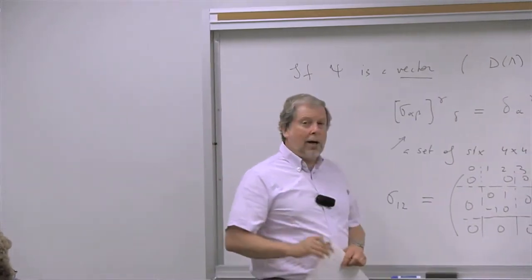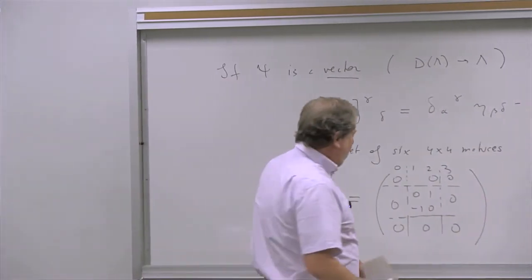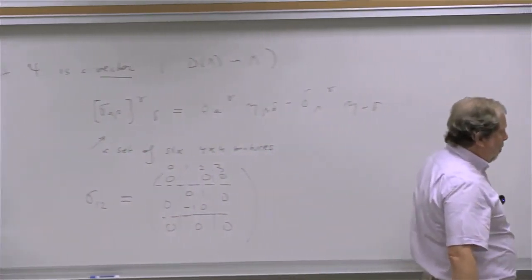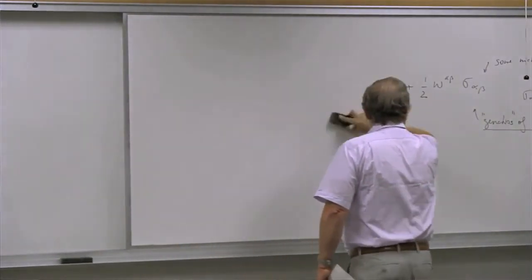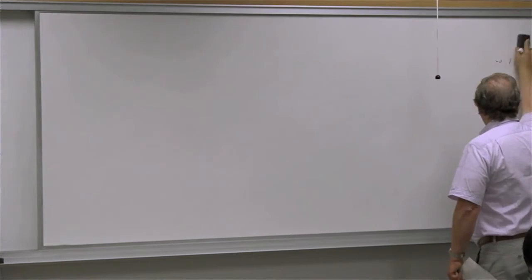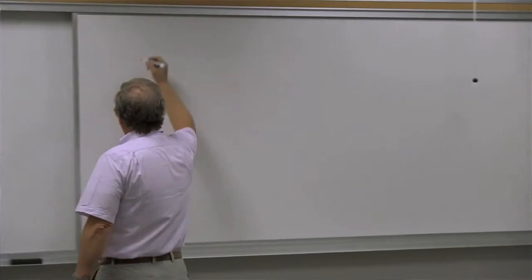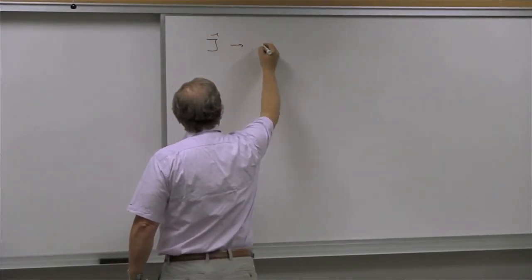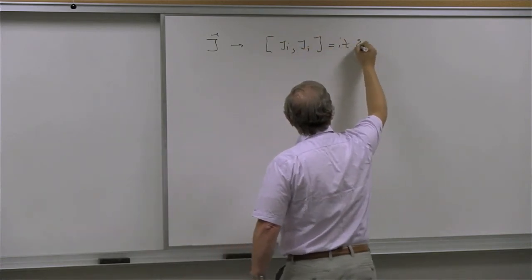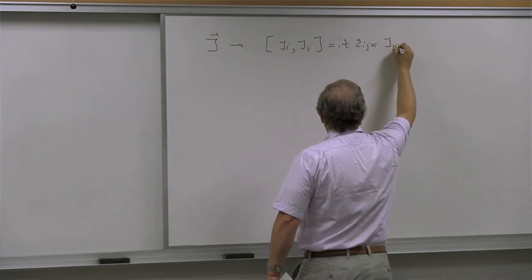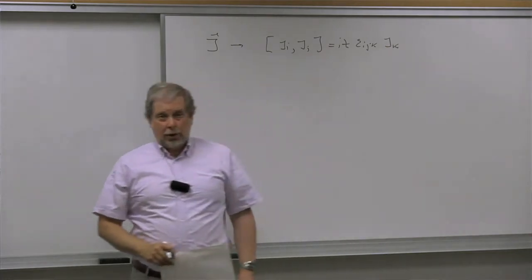These matrices are the analog of the angular momentum operators. The next step is to figure out what the commutation relations look like for the sigmas. In the case of the angular momentum, we have 3 of those, and as I said, they satisfy the commutator of J_i and J_j equal to i h-bar epsilon_ijk J_k. So J_x commutator with J_y is equal to i h-bar times J_z.